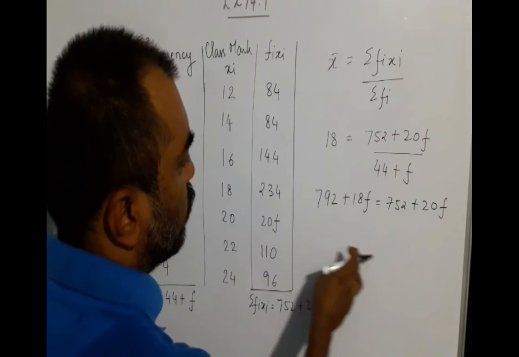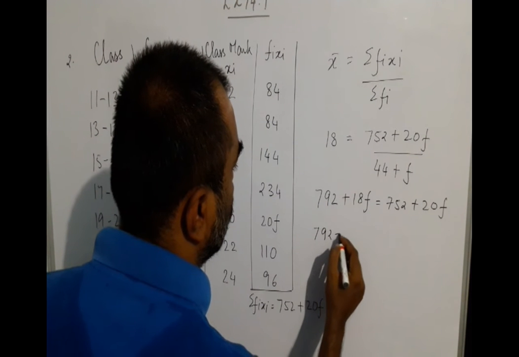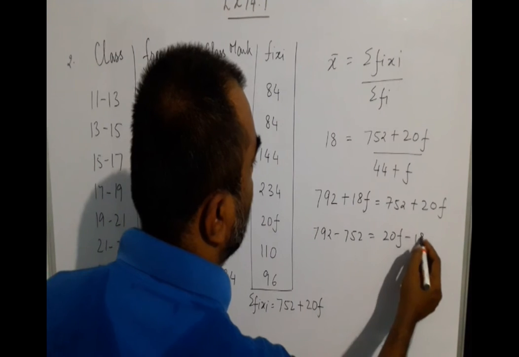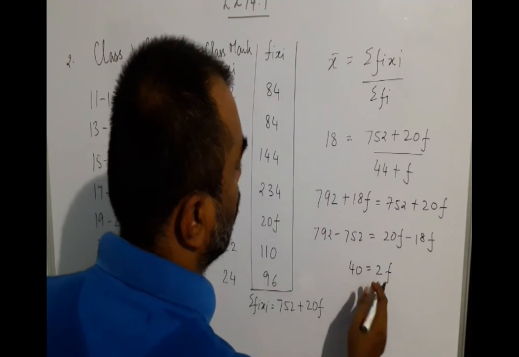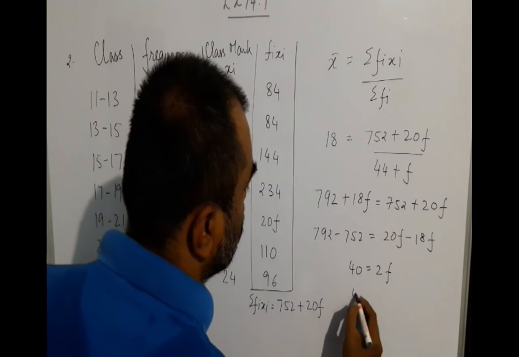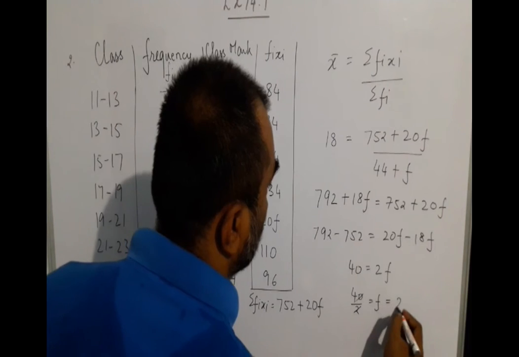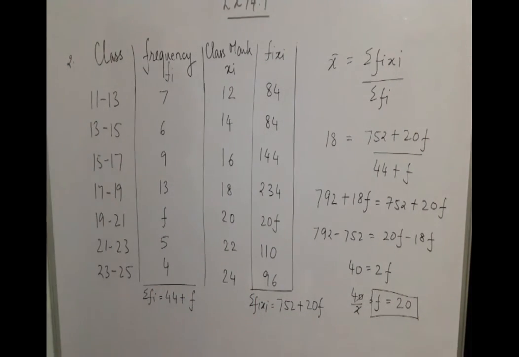Now take the 752 on this side and 18f on that side. So 792 minus 752 equal to 20f minus 18f. So we have 40 equal to 2f. 2 will come into division. So 40 divided by 2 equal to f, or f is equal to 20. So we have found the unknown frequency. The unknown frequency is 20.